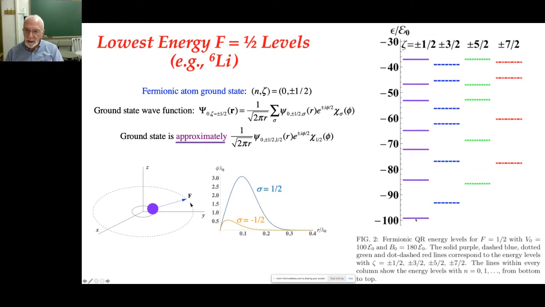And the splitting will be proportional to either the external magnetic field or the rotation or the acceleration. And we will be able to measure the splitting through spectroscopy using Raman transitions in a Ramsey fringe method.